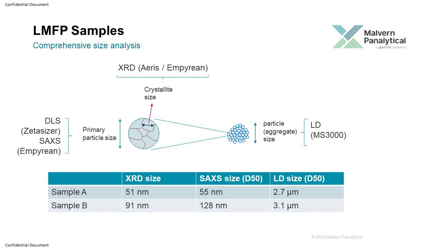So you can measure the whole length scale, and all these sizes are important. This size governs your packing density and other things, the power density and the energy density. And this size determines the diffraction from the crystal and the battery performance.